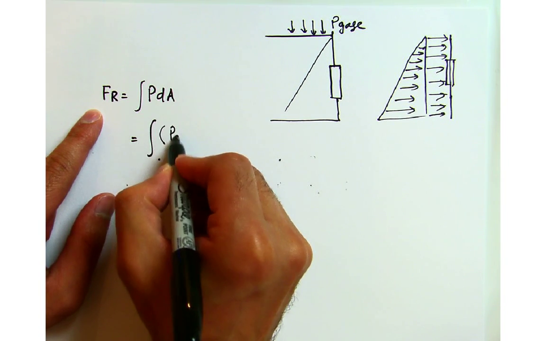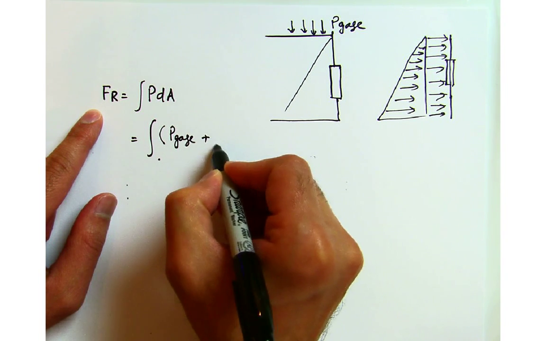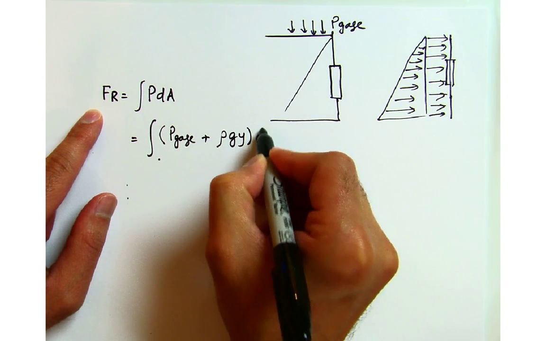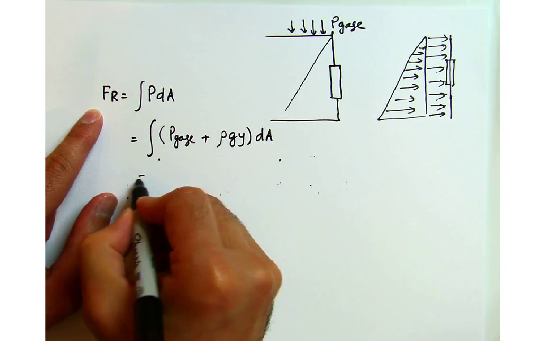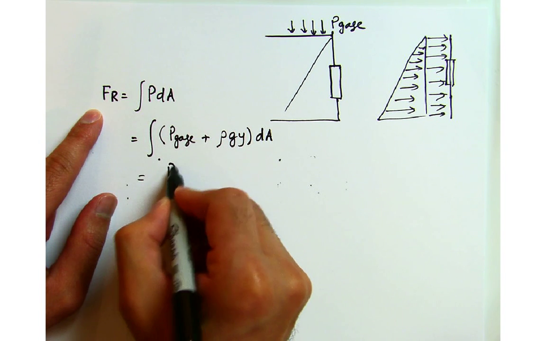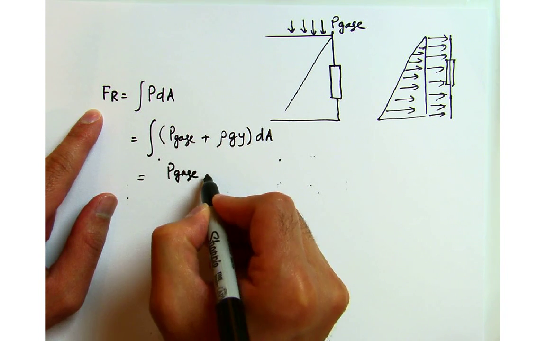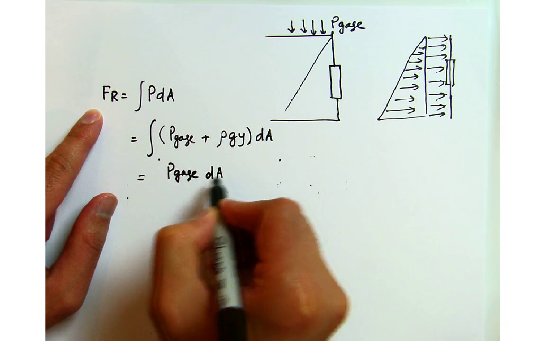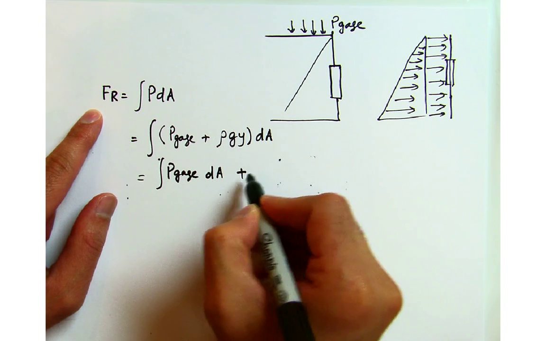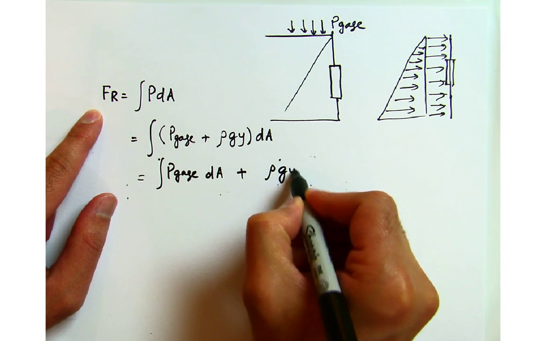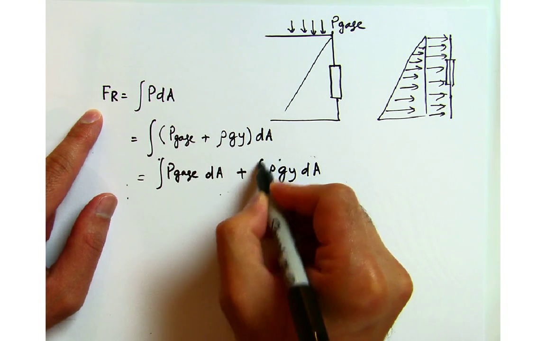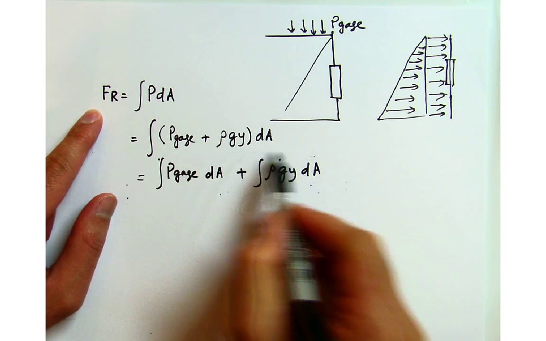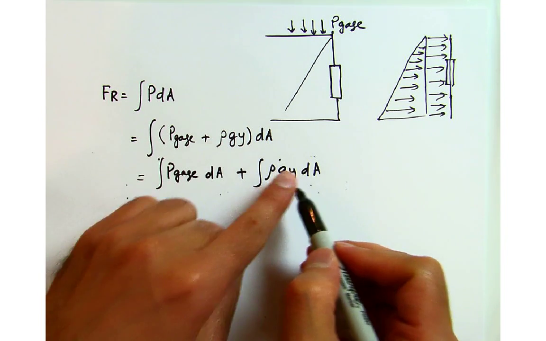So the integral of (P gauge plus rho g y) dA, which gives the integral of P gauge dA plus the integral of rho g y dA.